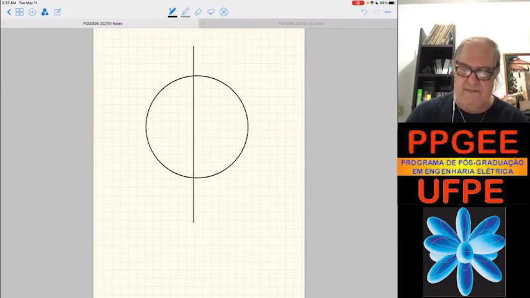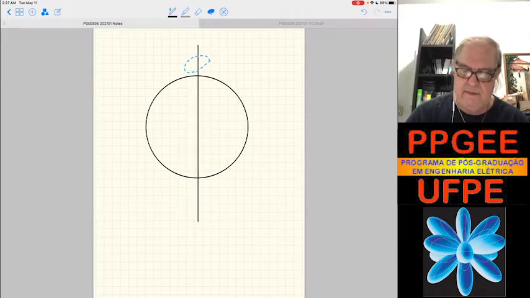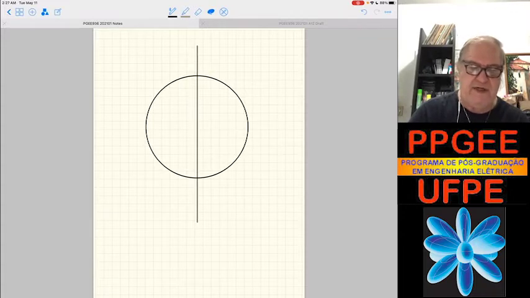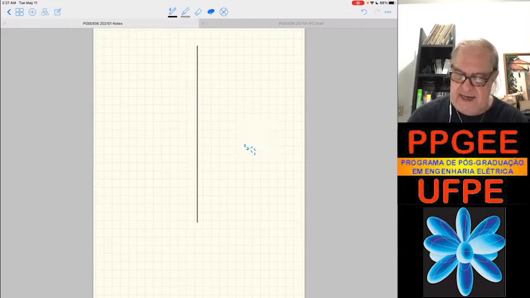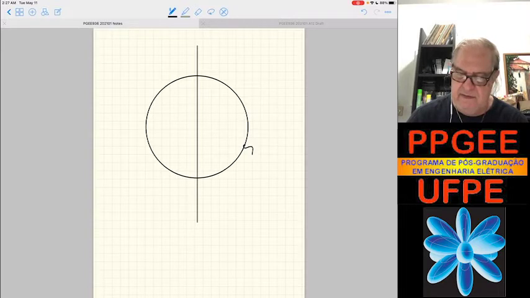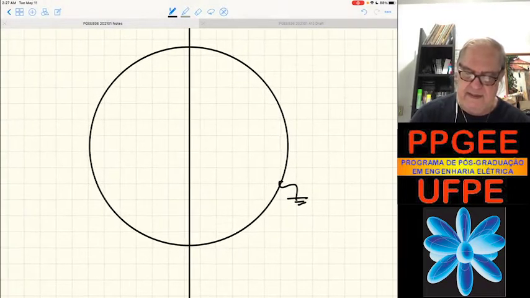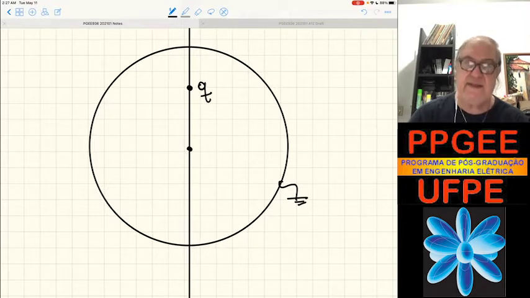Now, instead of having the charge outside, I have a charge inside. I have a grounded sphere here. That's the center. Then we have a charge Q inside.